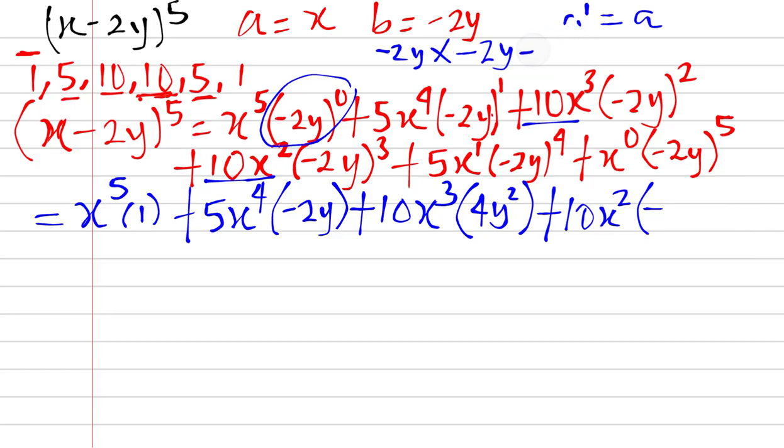By minus 2 again, minus 2y. So this will give us minus times minus plus, plus times minus, minus. 2 times 2, 4, 4 times 2, 8y raised to power 3. Are you seeing that? So this will give us minus 8y raised to power 3.